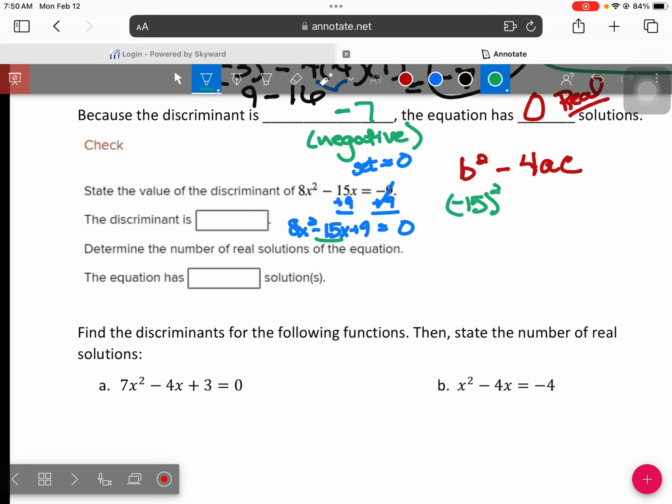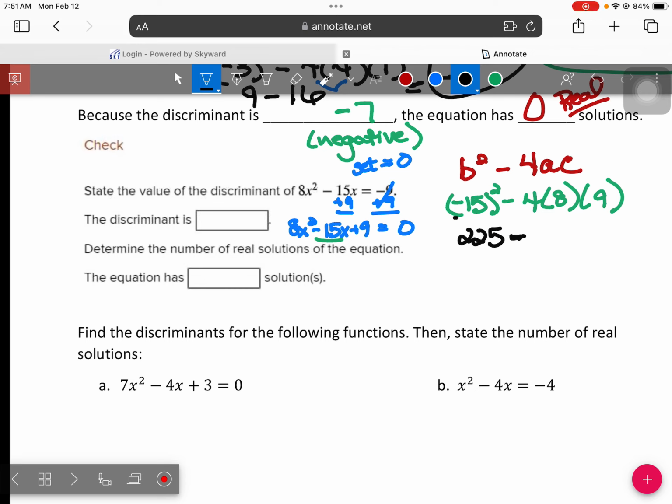Please, again, put the negative value in parentheses. Minus 4 times my a value of 8 times my c value of 9. Notice these numbers get a little higher, don't they? That's okay. So negative 15 squared, does anybody know what that is? It's 225.